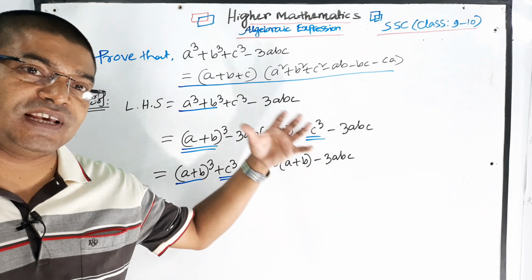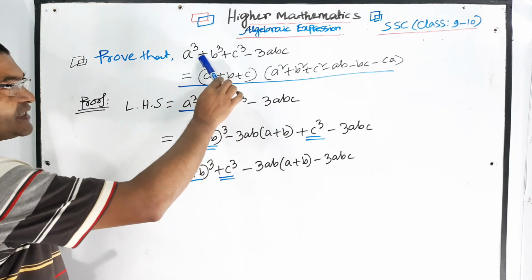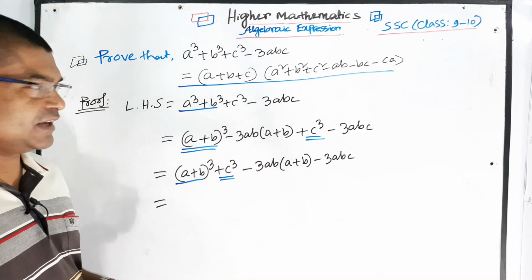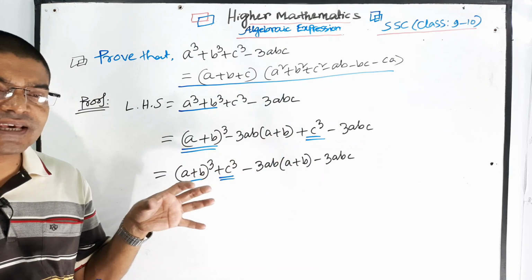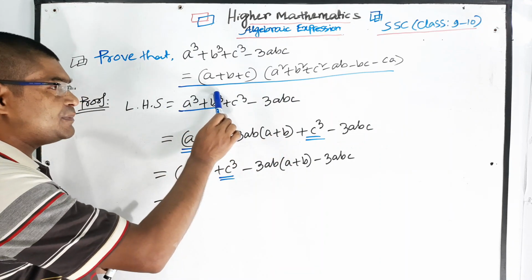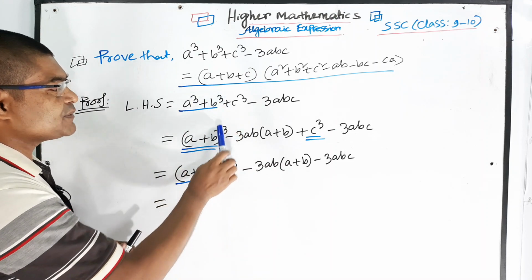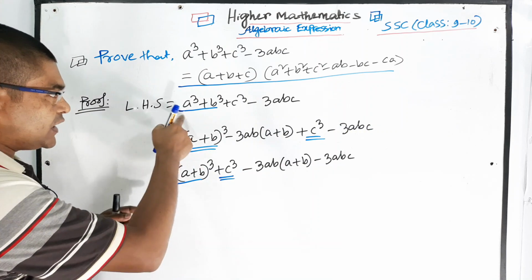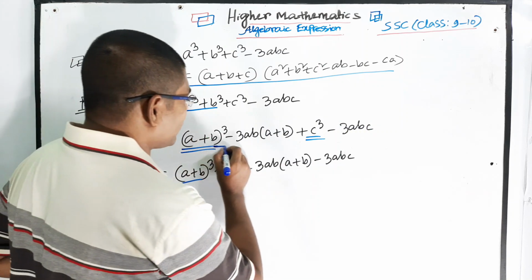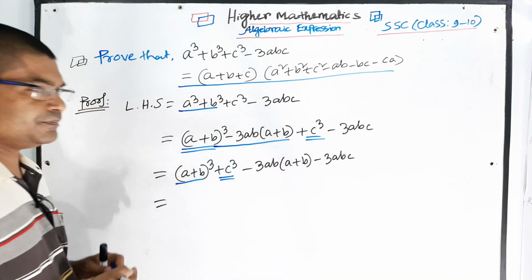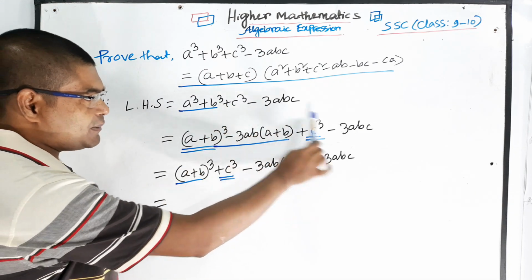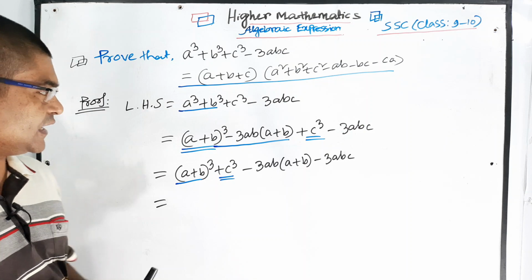If we want to prove this, we have to write the left hand side: a cube plus b cube plus c cube minus 3abc. You can see a cube plus b cube equals a plus b whole cube minus 3ab into a plus b. So a cube plus b cube equals, we have got up to this, plus c cube minus thrice abc.